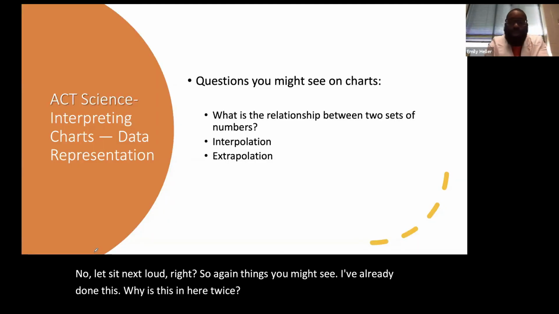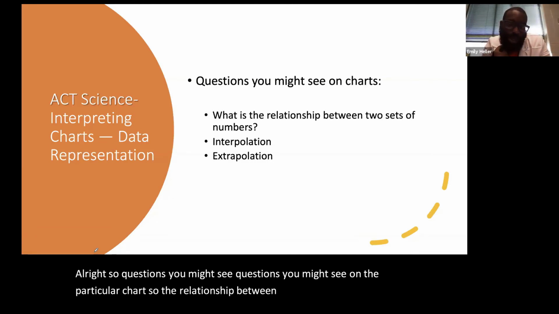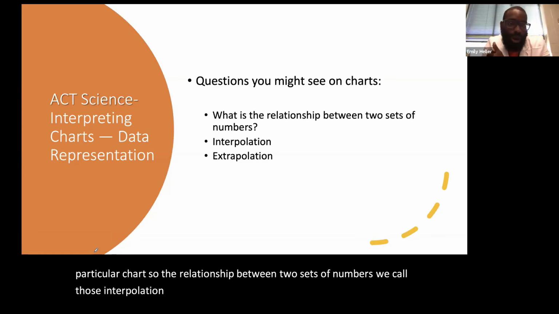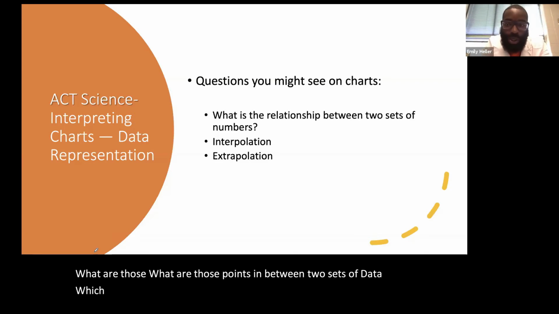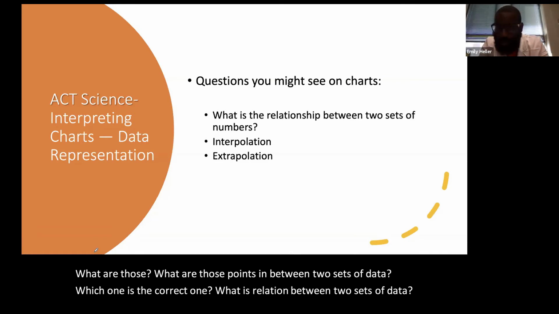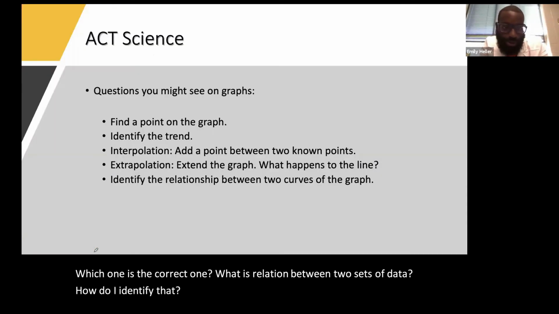All right, so questions you might see on the particular chart. The relationship between two sets of numbers, we call interpolation and extrapolation. So we want to figure out what those points are. What is the relationship between two sets of data? How do we identify that? Oh, that's what the other one was, I'm sorry.